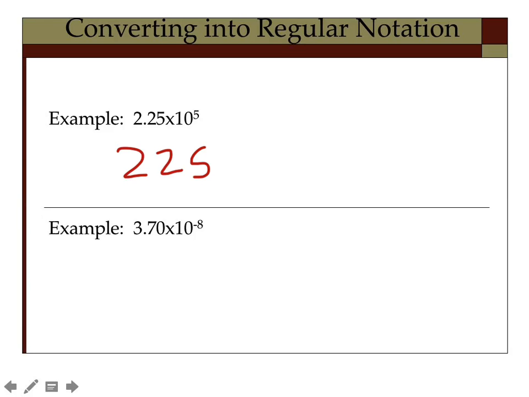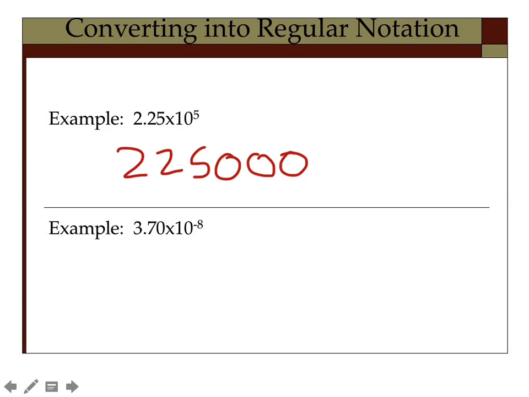So far I moved it 2 spots. I need 3 more to get 5 spots, so I'm going to have to have zeros. 1, 2, 3. So that's 5 spots over. I'm adding the zeros once I run out of numbers. Okay, it's large, so big number, positive exponent.